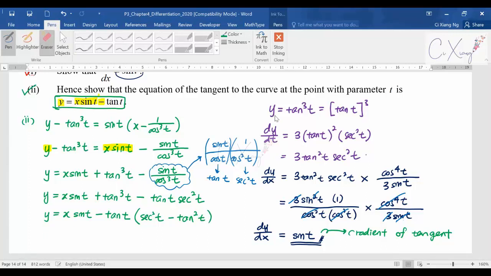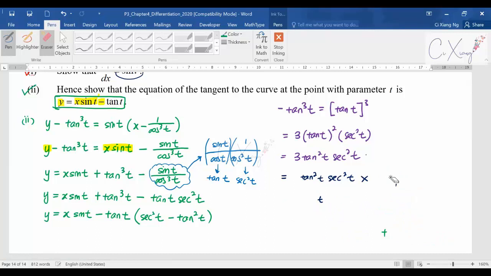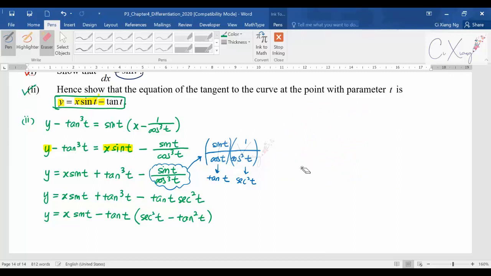Right? So next, until this step ready, how can you simplify further to get the equation that they want us to show? You might need to think about all the identities that you learned before. I don't know whether you still remember or not.